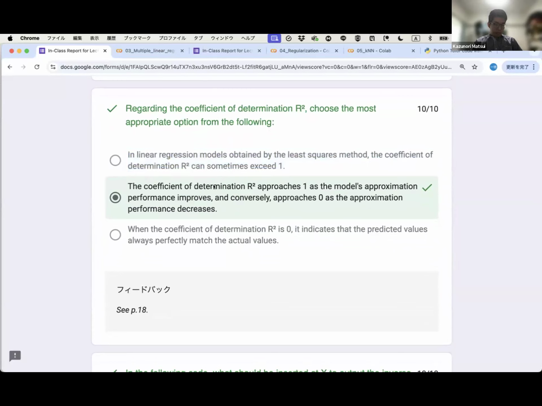The higher the approximation performance, the closer it gets to 1, and the lower the approximation performance, the closer it gets to 0. The predicted values and the actual values perfectly match when the coefficient of determination is 1. So the second option is the correct answer.